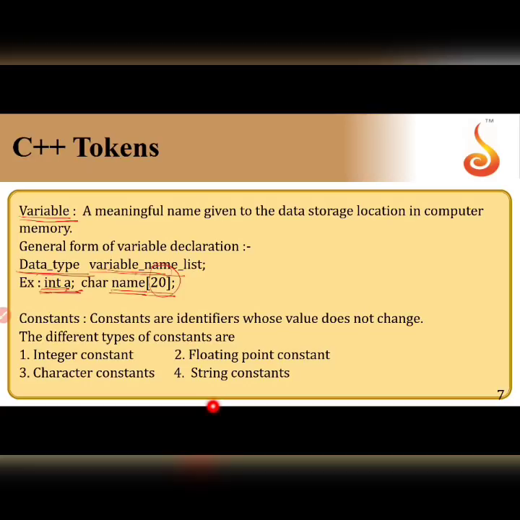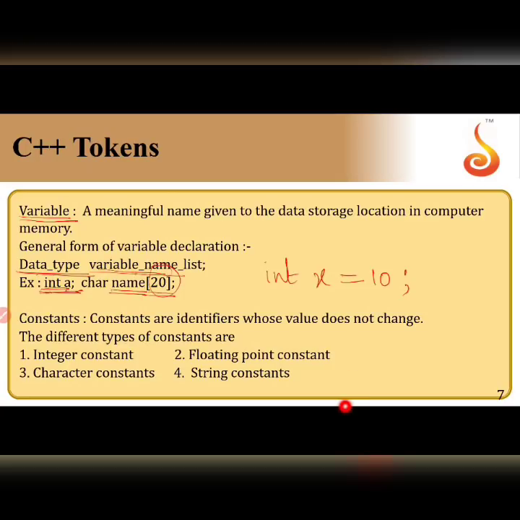Variables can change their value during the course of a program. Now we'll see how to declare and initialize a variable in one step. The declaration is: data type, variable name is equal to the initial value, with a semicolon.